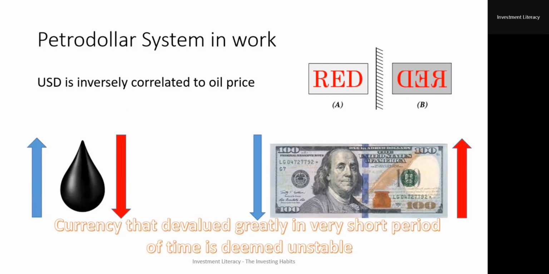A currency that devalues greatly in a very short period of time is deemed an unstable currency, and it could create havoc in trades because people will have to revise the amount to charge in that currency to reflect its value. So if it is devalued greatly, people have to constantly revise up the amount of currency to charge.